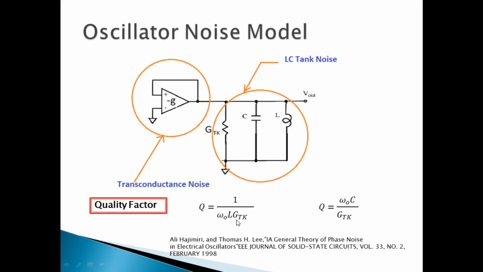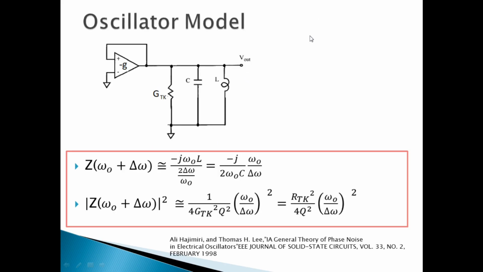So if I would want to have a very high Q, then I would look for elements which will offer very low losses. So let us discuss the linear phase model of the circuit given here.